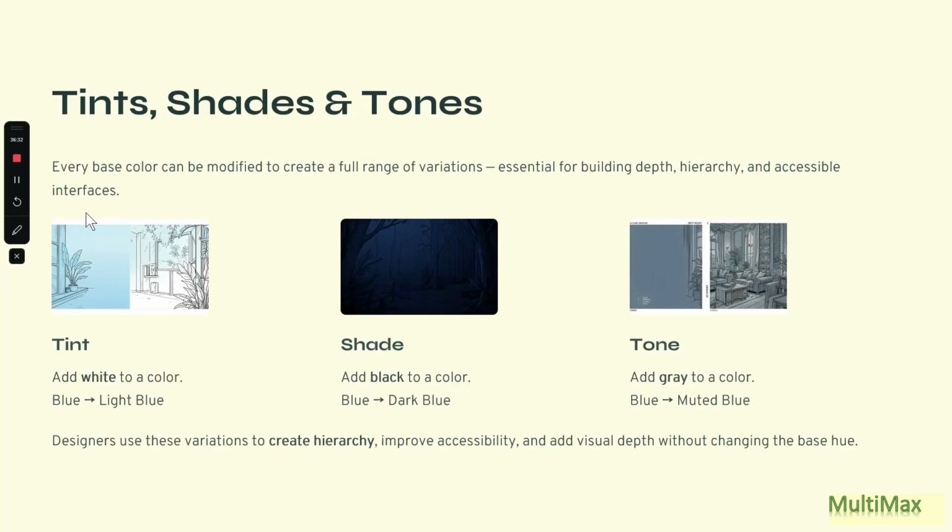Every base color can be modified to create a full range of variations, essential for building depth and an accessible interface. You can see 3 images, just leave those and listen to me.